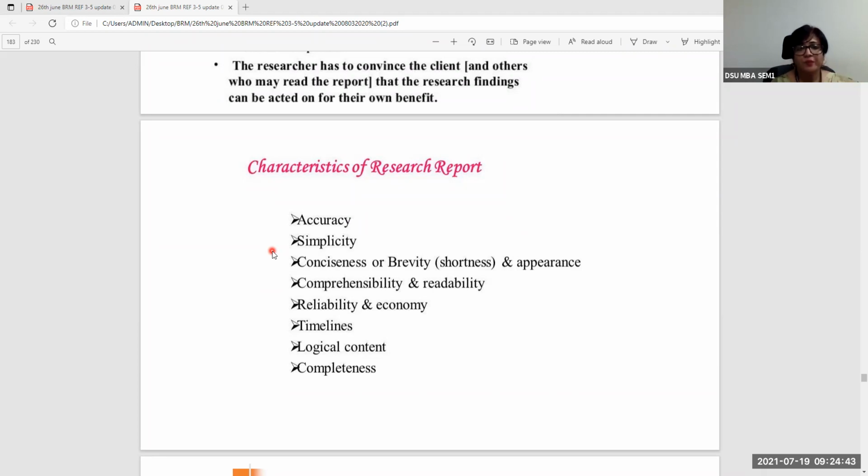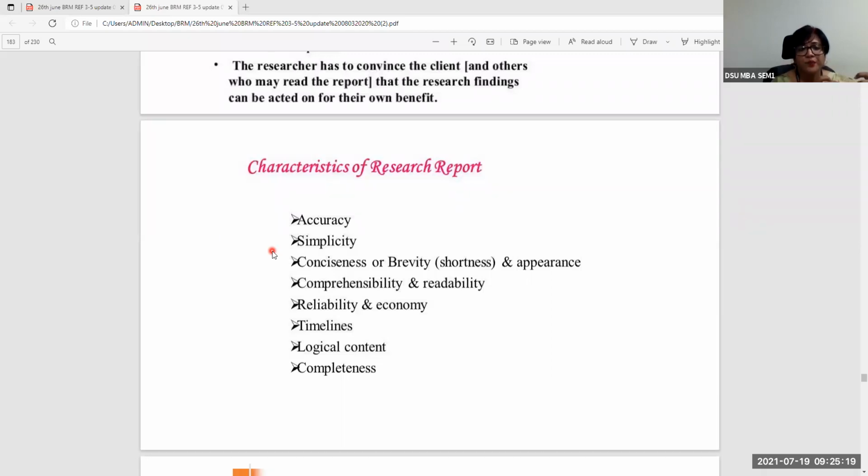But at the same time, brevity or conciseness must not mean that you skip portions of the valuable aspects of the research which has been done. So you need to ensure that you are able to formulate the research report in such a manner that it is not going to talk about certain things repetitively, but you should be able to convey the meaning, the outcome, the results of the report in a very, very concise manner without putting unnecessary jargon into the paragraphs and the content, right?